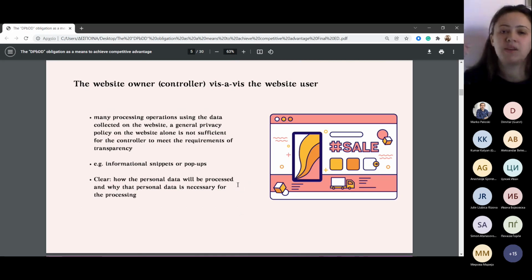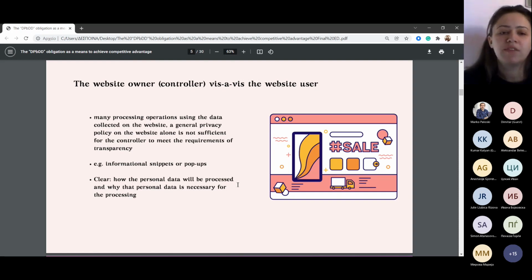Another example: a website owner vis-a-vis the website user, with many processing operations using the data collected on the website. A general privacy policy on the website alone is not sufficient for the controller to meet the requirements of transparency.